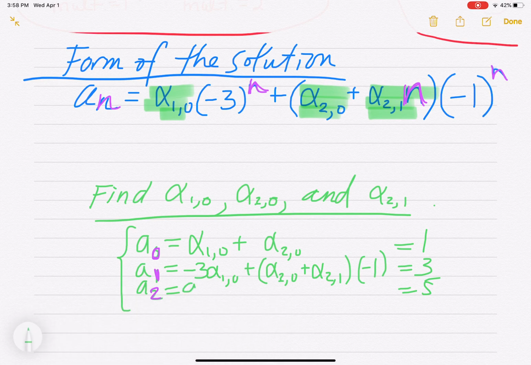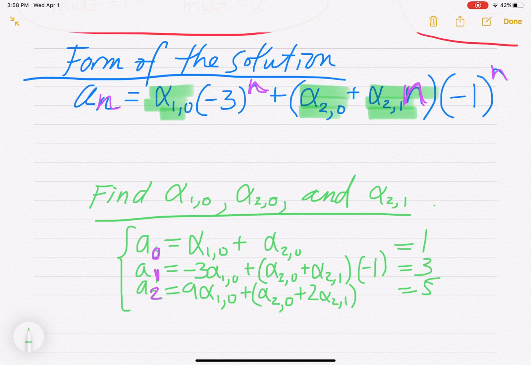So we're going to have 9 alpha 1,0 plus parentheses alpha 2,0. And then I plug in a 2 for n after the alpha 2,1, which just gives me 2 alpha 2,1. And then I plug in a 2 for n above the negative 1. Negative 1 squared is going to be 1, so I don't need to write anything.